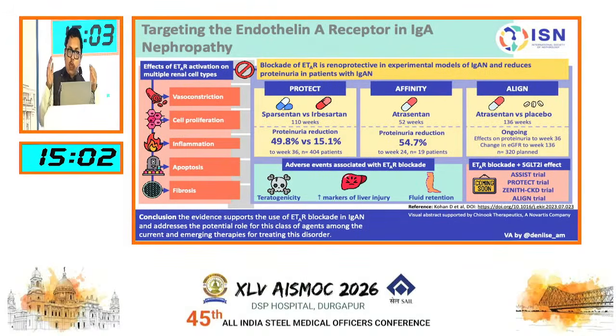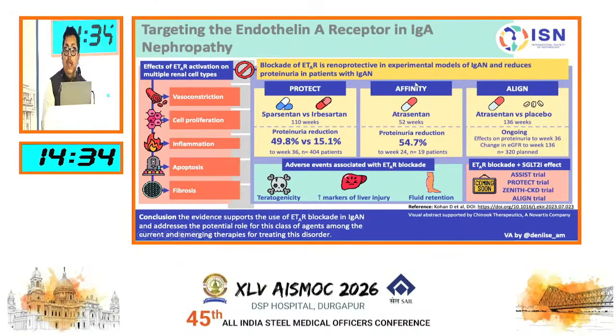Again used in IgA nephropathy, sparsentan versus an ARB, irbesartan, has shown significantly more reduction of proteinuria in active IgA nephropathy. You can see the degree of proteinuria reduction 50% versus 15.1% with standard therapy like irbesartan, which is an ARB. Again, atrasentan reduces the proteinuria by 54.7%.